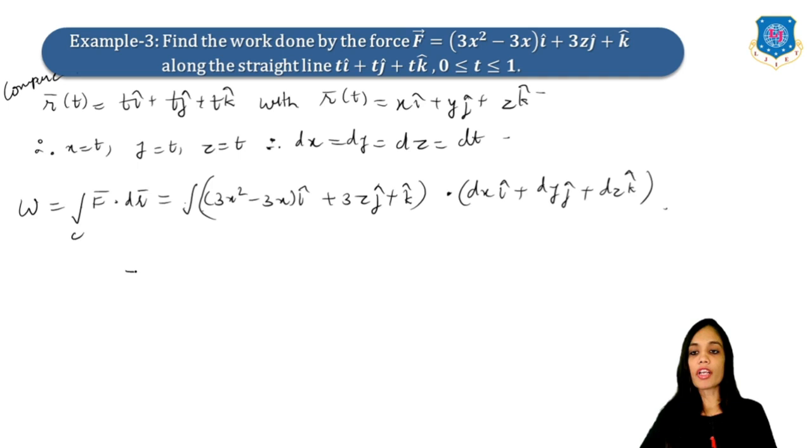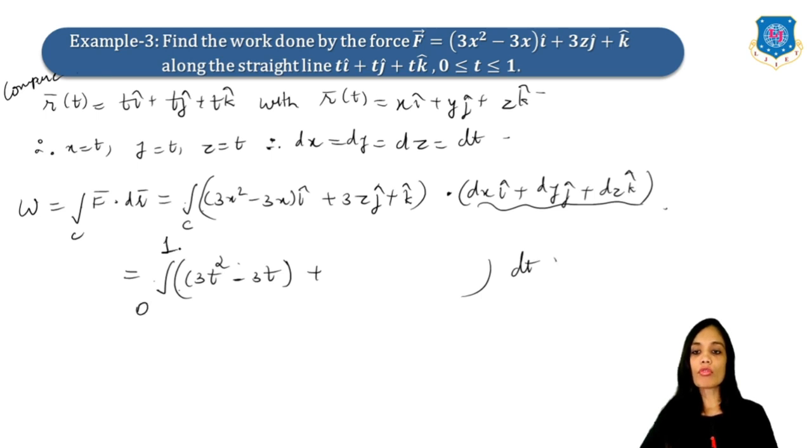Let us put all the values. So if I put the values, x is t, y is t, z is t. So it will be 3t square minus 3t. Right? Now plus, here if I put everything over here is dt, right? So I will put whole dt. And limits of t are from 0 to 1.